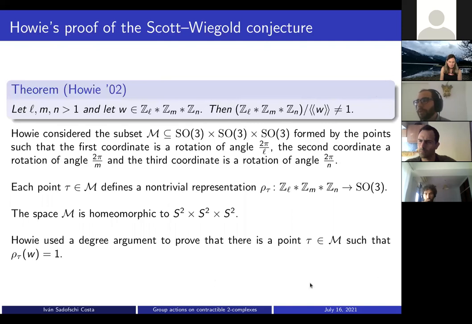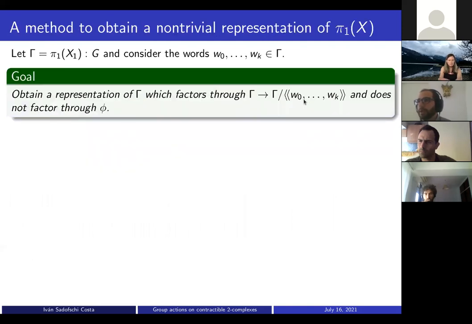So we wanted to do something similar to this, and the method is the following. We first consider the extension gamma of the fundamental group of X1 by G, and we consider words here. So we want to obtain a representation of gamma which factors through this map here and does not factor through phi.